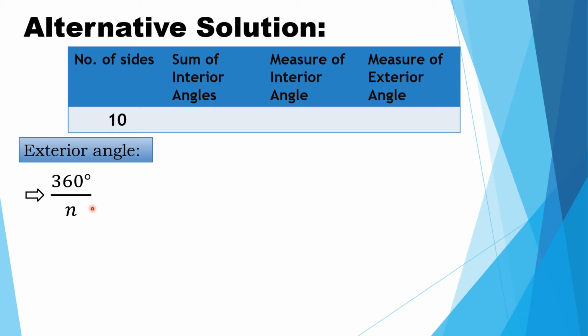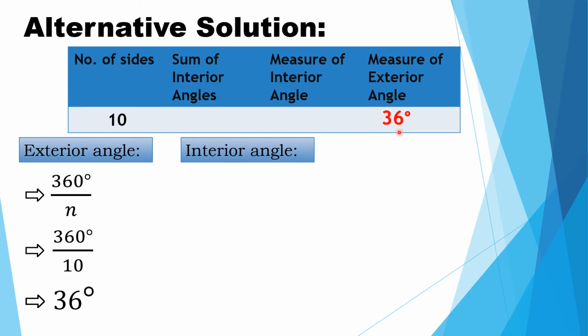Since the number of sides is 10, we divide 360 degrees by 10, which is equal to 36. The measure of each exterior angle is 36 degrees.